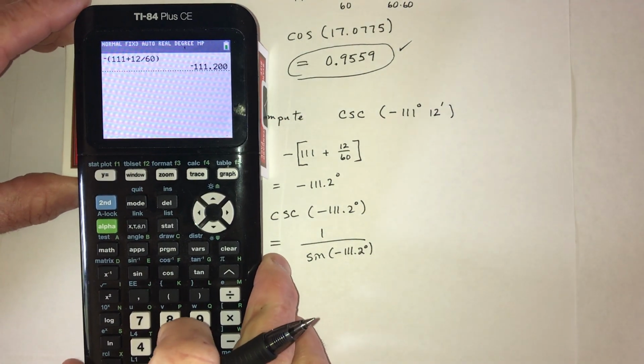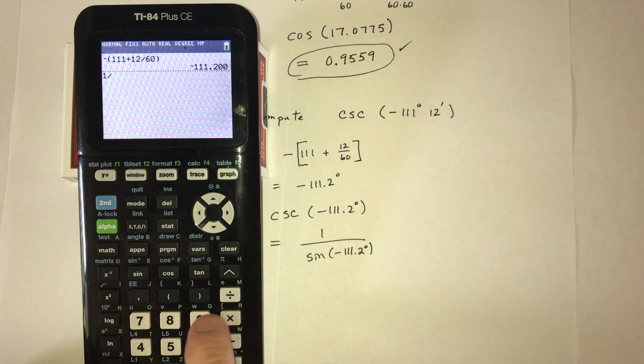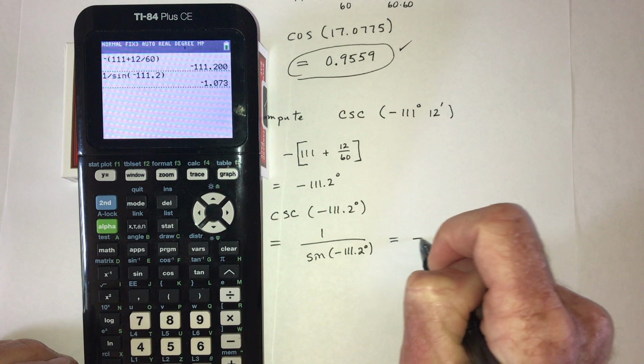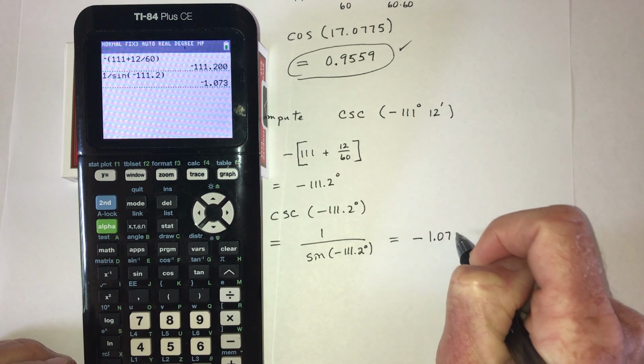So then I need 1 divided by sine of negative 111.2. And it equals negative 1.073.